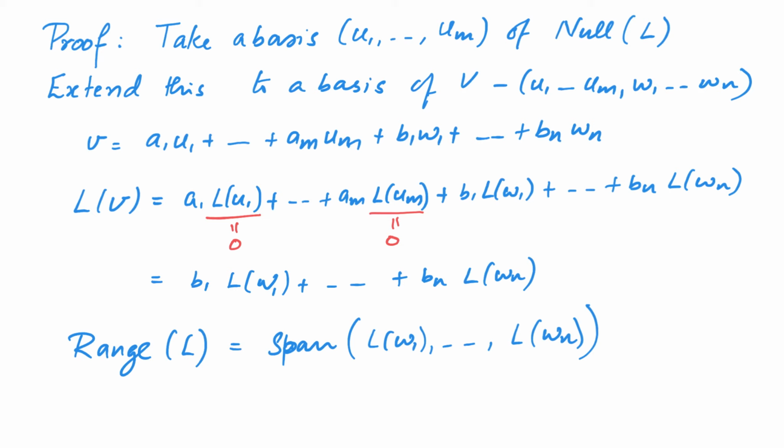And we already saw that the dimension of V is equal to m plus n, which is equal to the nullity of L plus the rank of L. And that would complete the proof. So all we need to prove now is that the vectors L of w1, L of w2, etc. up to L of wn are linearly independent. Let us prove that next.